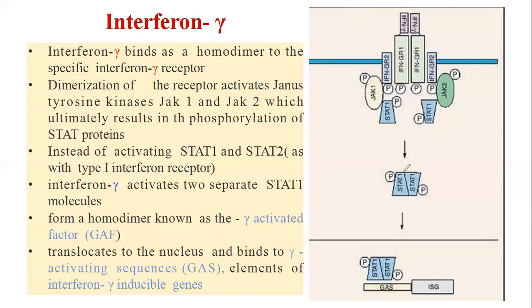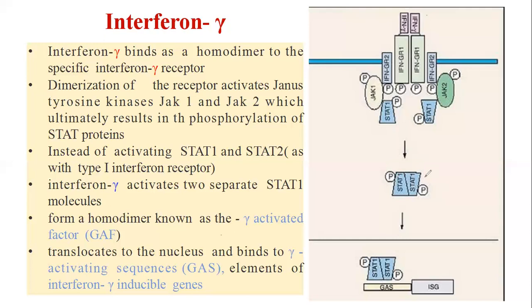In the first case, alpha and beta, that is a heterodimer, and here we are getting the homodimer. There the dimerization is between STAT1 and STAT2; here the dimerization is between two STAT1 molecules. So this is a homodimer, not a heterodimer, in case of interferon gamma.